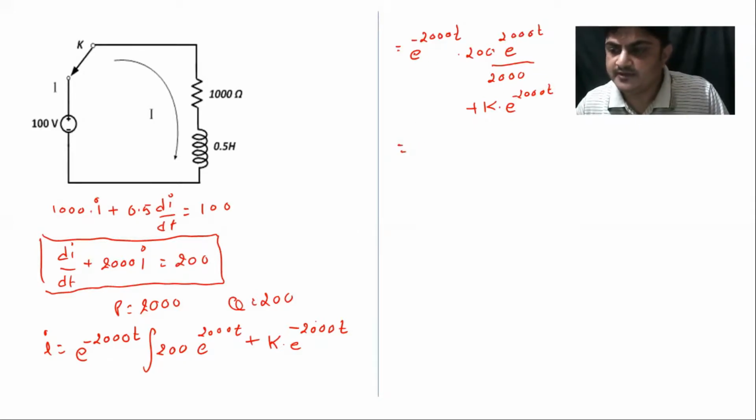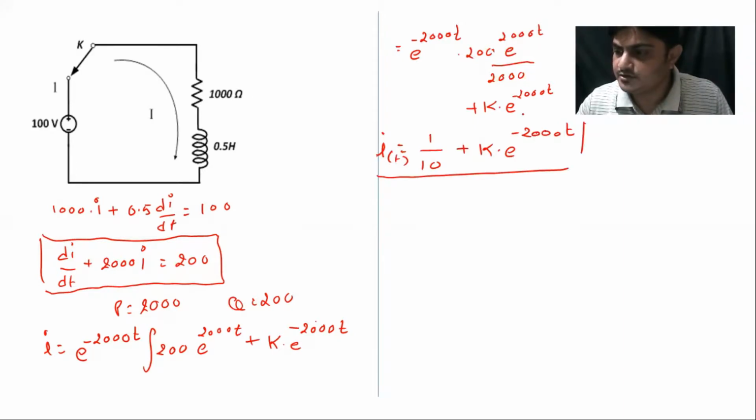Let me simplify this. e raised to minus 2000t times e raised to plus 2000t is equal to 1. 200 divided by 2000 is equal to 1 by 10, plus k e raised to minus 2000t. This is my current I of t.